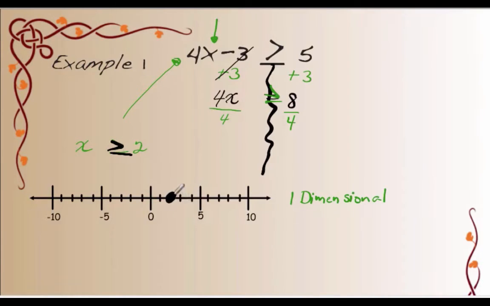Now what I do is I draw a line in the direction of everything that's greater than 2, and I give it a little color in, and then on the end of my line, I put an arrowhead signifying that I can go on forever and ever. See, anything that is colored in or shaded in represents a possible answer.